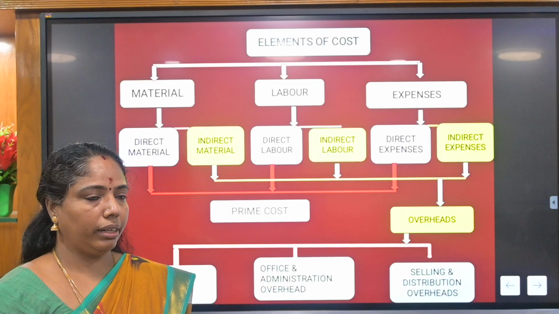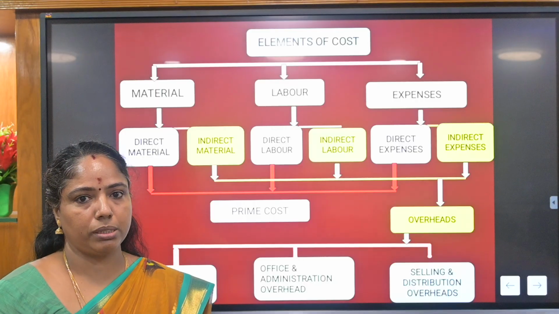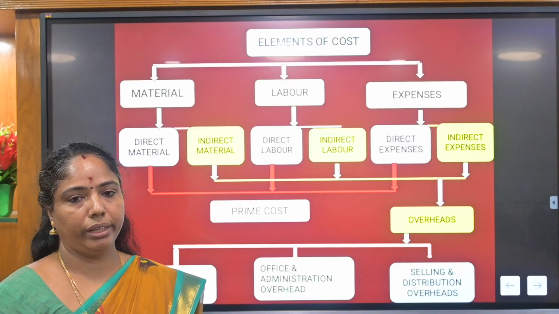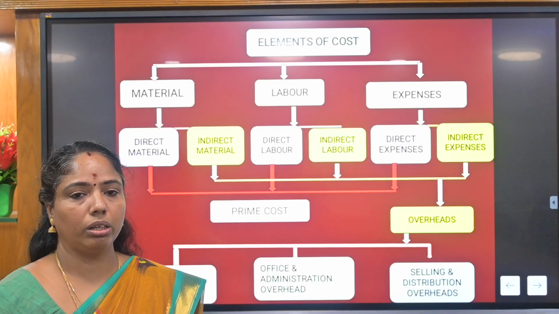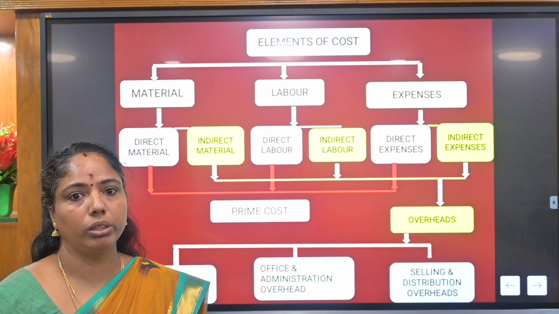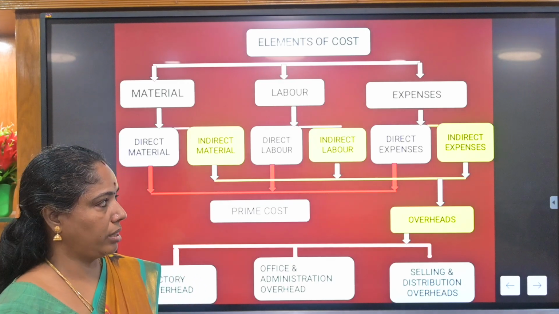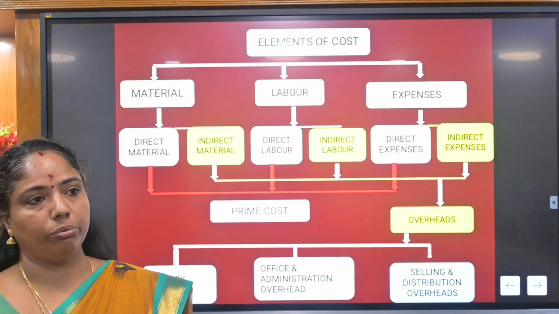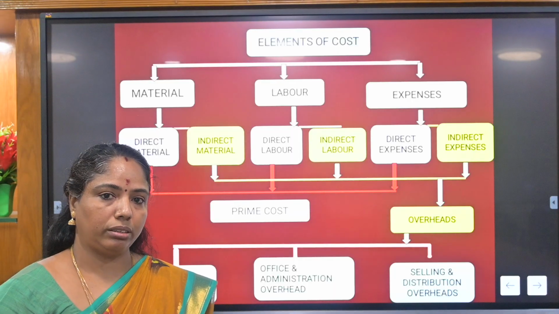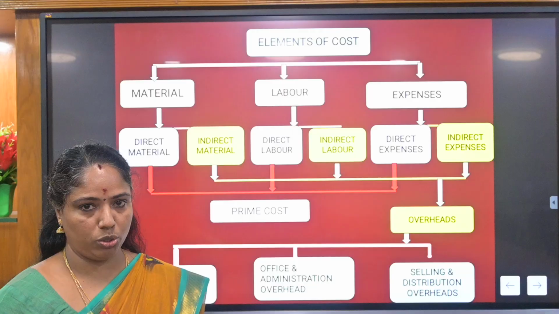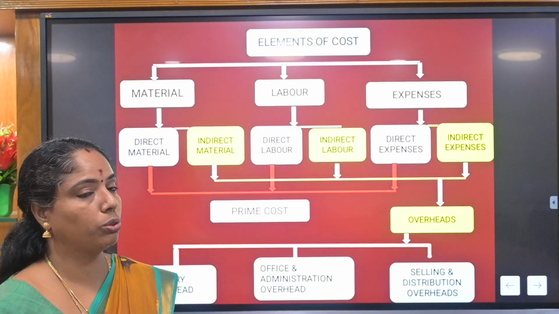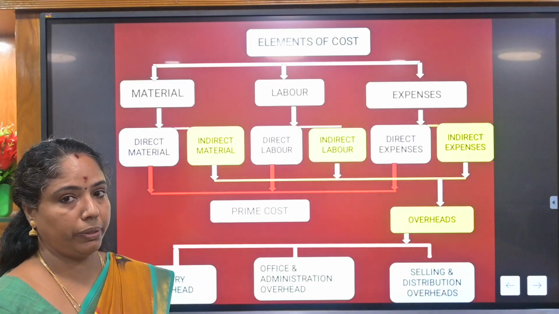Indirect labor means those who help in finalizing the product, into packaging materials or distribution. They are all called indirect labor. Then expenses. The expenses we incur for factory overheads, office and administration overheads, and selling and distribution are called expenses.